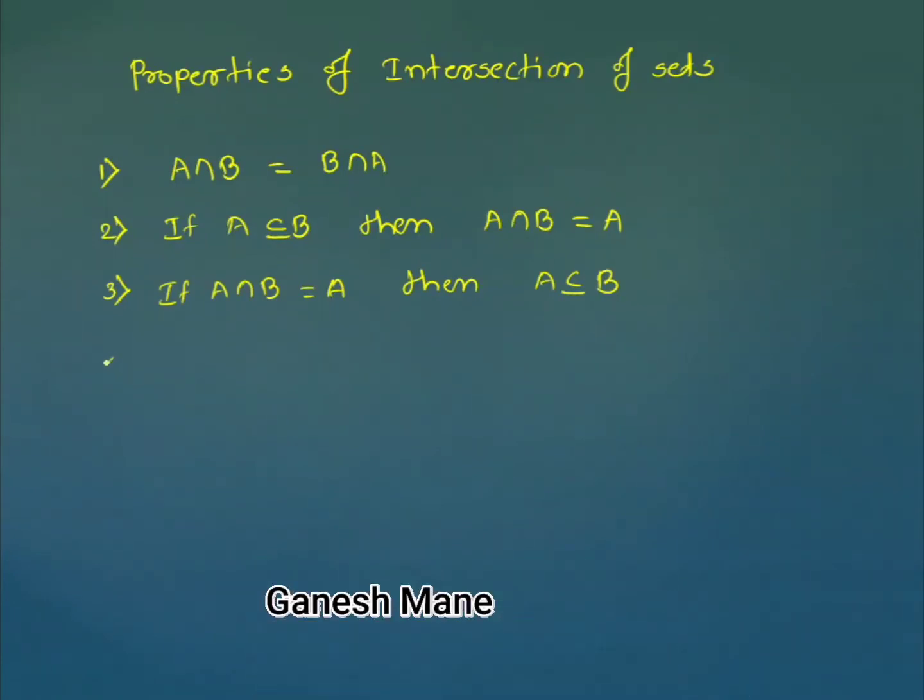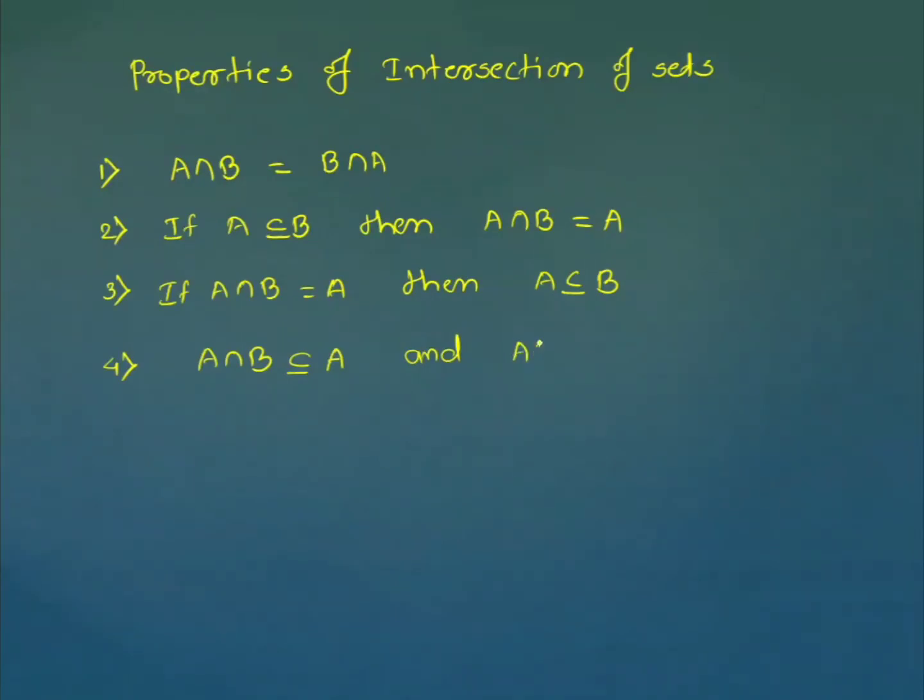Now the next property is if we take intersection of any two sets, that is A intersection B, this A intersection B must be a subset of each of these two sets, that is A intersection B is subset of A and A intersection B is subset of set B, that is A intersection B is the subset of both of those two sets from which the intersection is taken. So this is the fourth property.